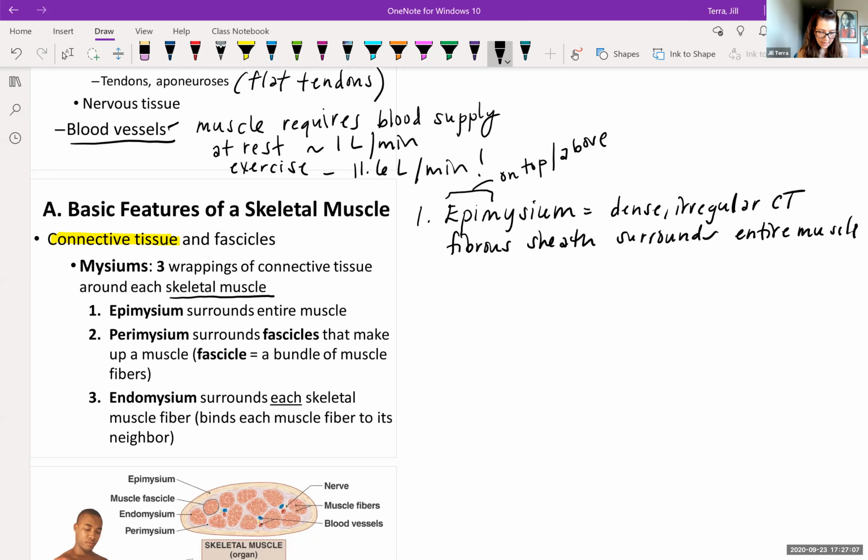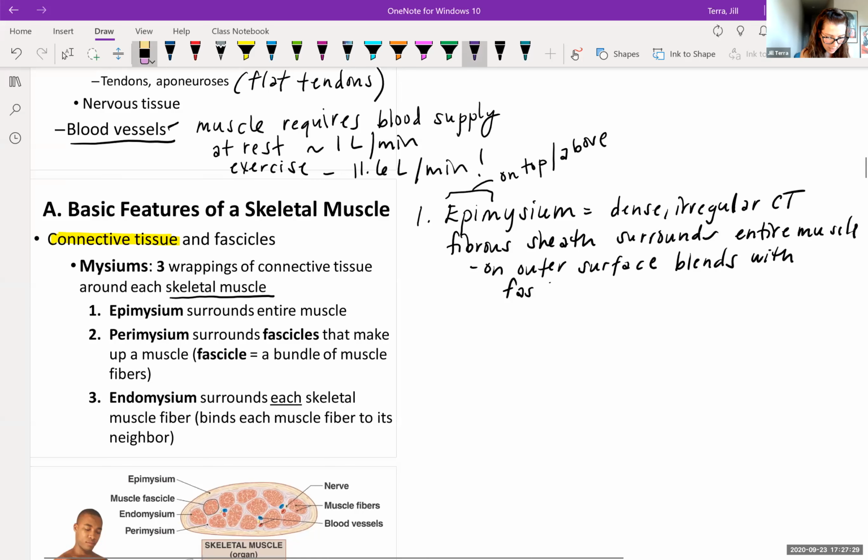And what's kind of neat is that on its outer surface, it sort of grades into and becomes one with, I'm going to write blends with, this other type of connective tissue I'll write about called fascia. Sorry, I spelled that wrong. Okay, and the fibers of this epimysium blend with the collagen fibers of the fascia.